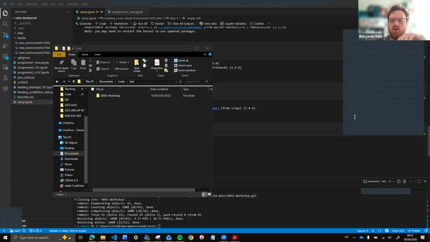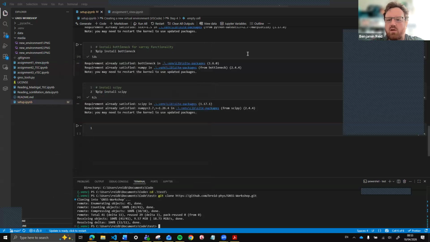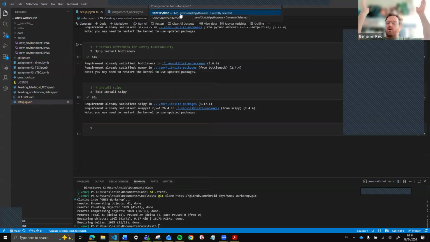Right, like in VS Code, it's using a little virtual environment that's actually in this directory. It creates a copy of Python and sticks it in here.